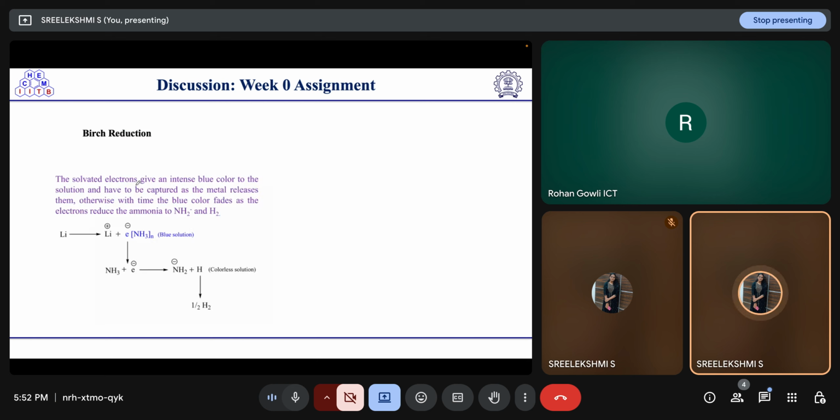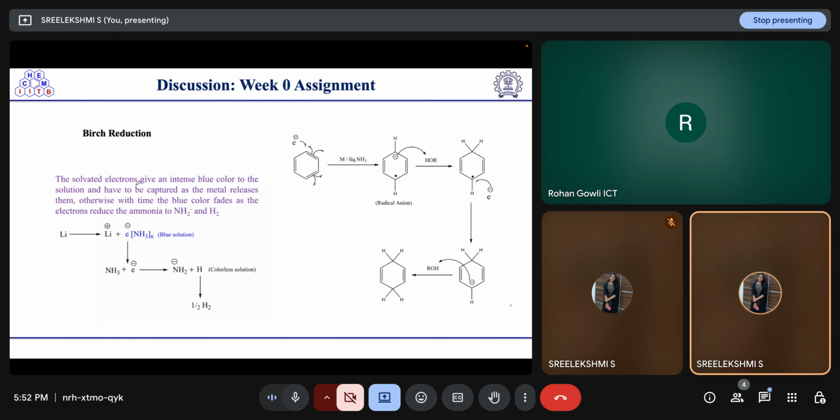So it is an electron reduction reaction. As we can see here, we are using lithium and liquid ammonia, so that will generate electrons. That participates in this kind of reduction of aromatic rings. Firstly, that electron will attack one of the positions. This can undergo homolysis, so two radicals will be there. One of the radicals will combine with the electron and form this negative charge.